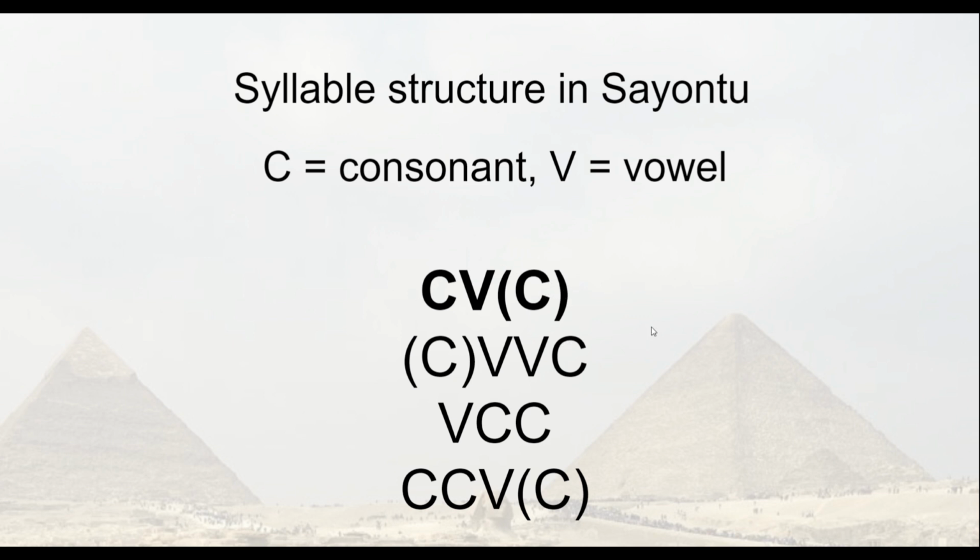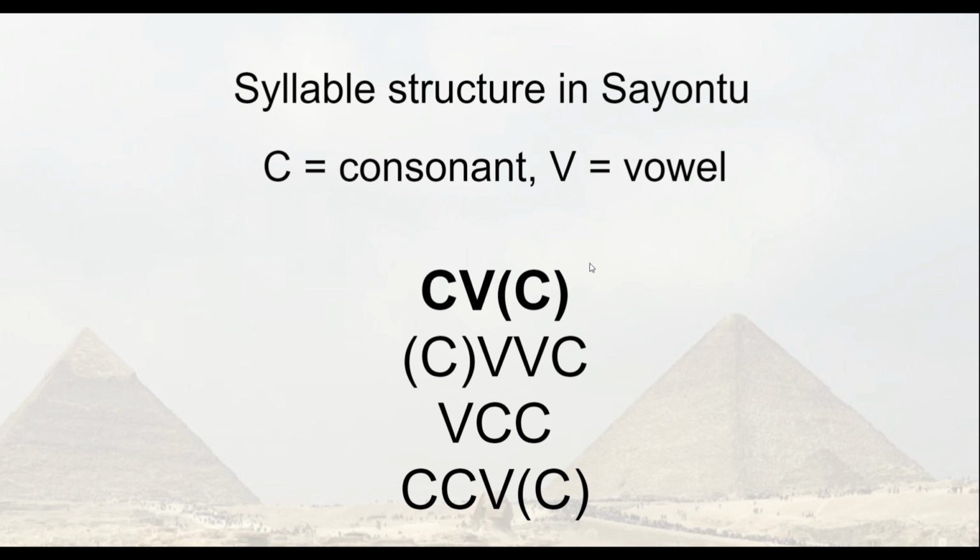So here the most common syllable structure in Sayontu is a consonant vowel, and sometimes consonants as well. Most syllables in Sayontu will follow this structure where it's a consonant followed by a vowel, or it's a consonant followed by a vowel followed by another consonant.